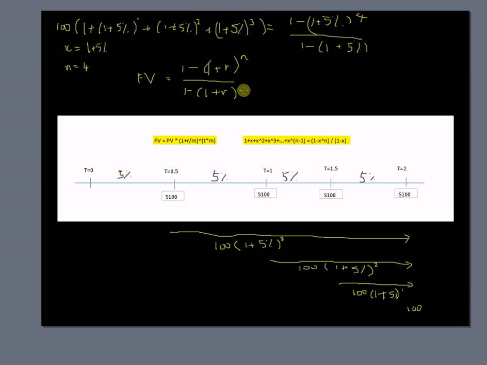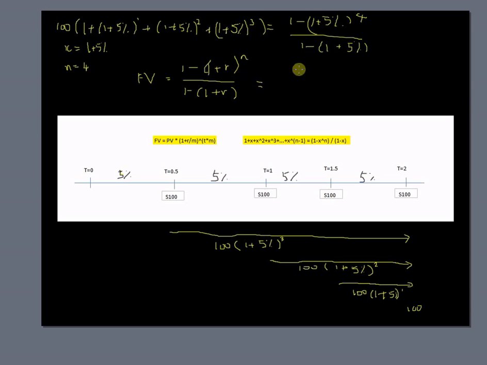Okay, so this r you have to be very careful, and this is the interest rate for a period and not the annual terms as we define when we talk about future value.